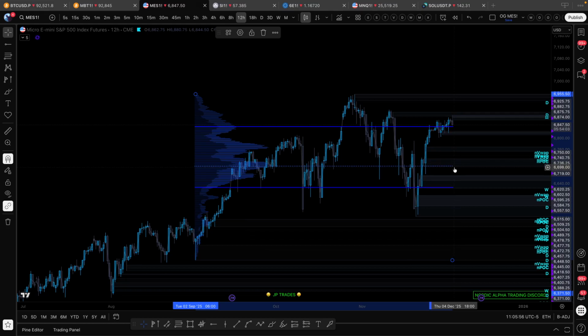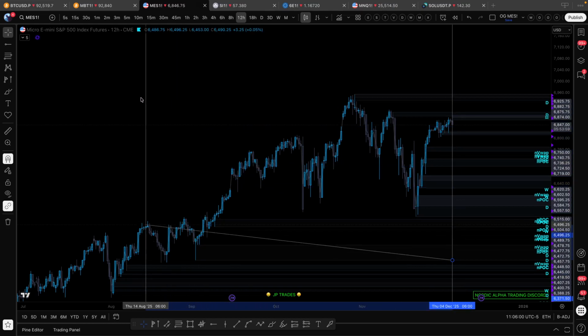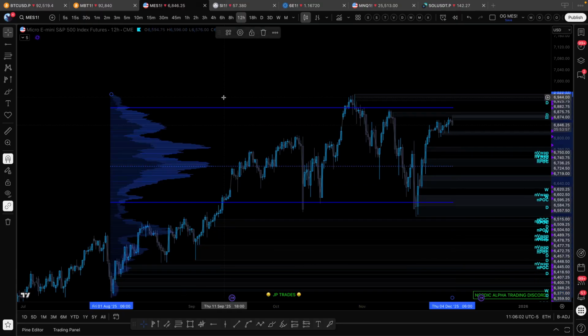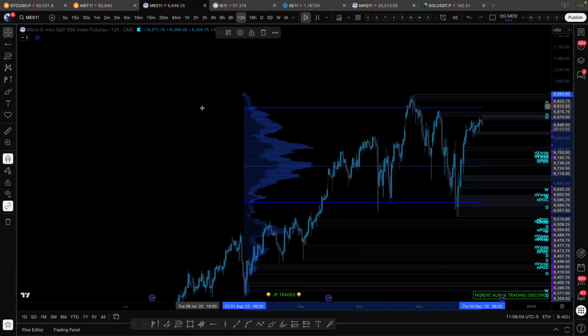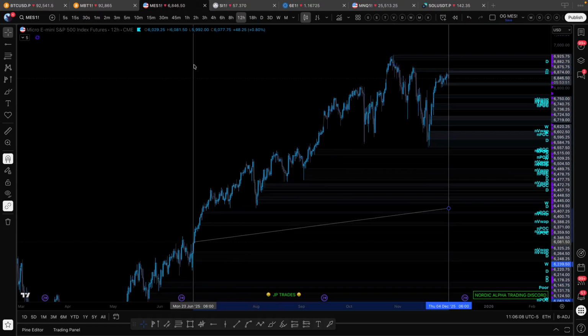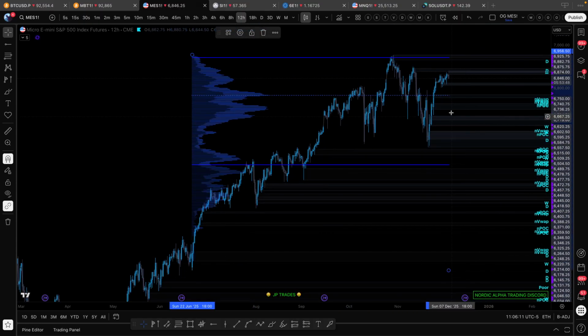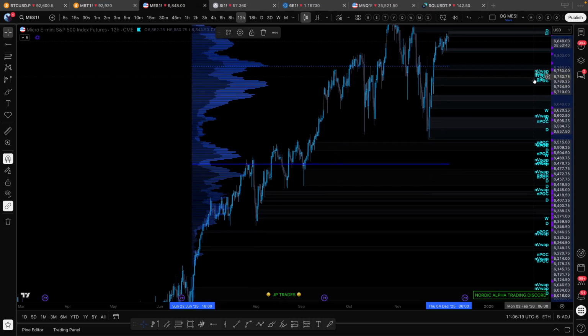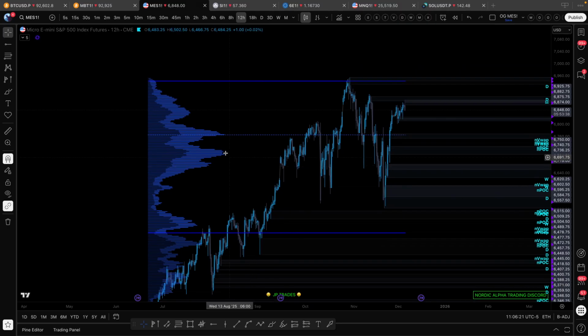We see that we do have the point of control in this order block here. And if we take a bigger pull, it's still at that low. So if we take a wider pull, that point of control comes in a little bit higher up here to this order block above these high volume levels.